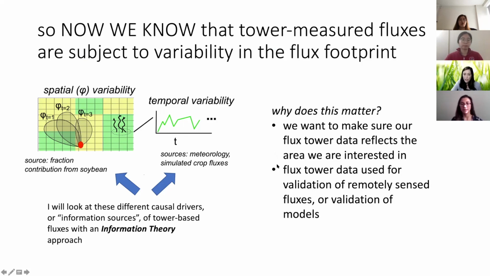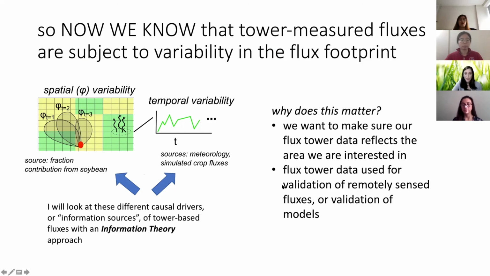Another reason could be that we're interested in using our flux tower data for validation of a remotely sensed flux. For example, if we had a satellite-based evapotranspiration measurement, that measurement is only for a single grid cell, and it is not subject to the same variability due to the upwind contributing area.